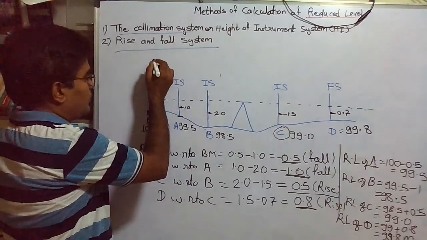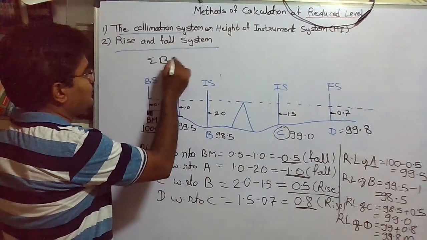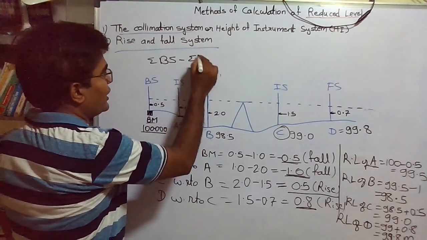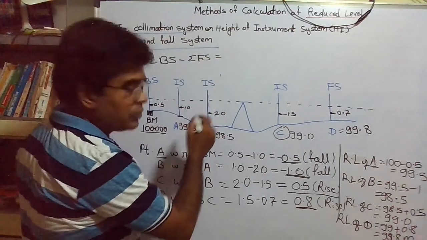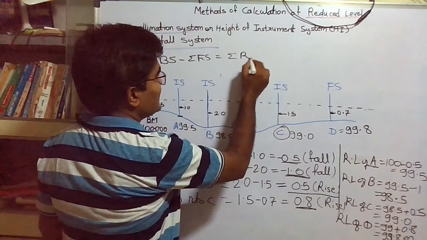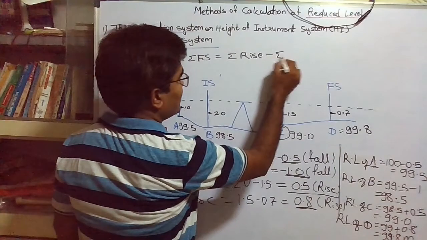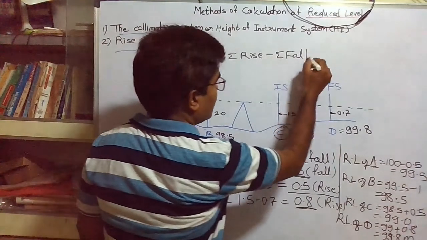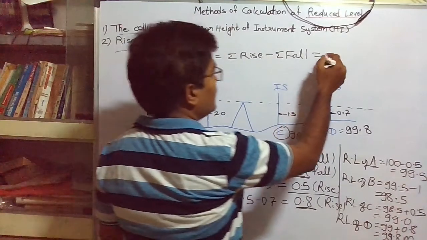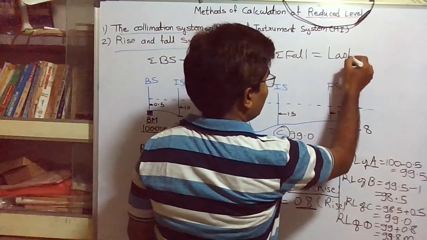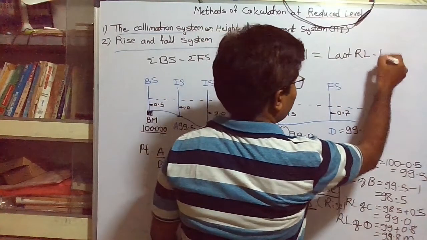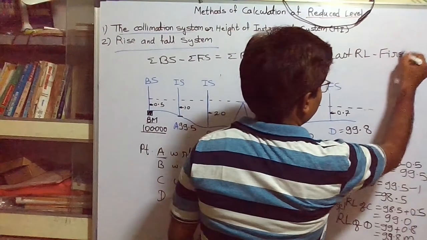That is summation of backsight minus summation of foresight should be equal to summation of rise minus summation of fall. That should again be equal to last RL minus first RL.